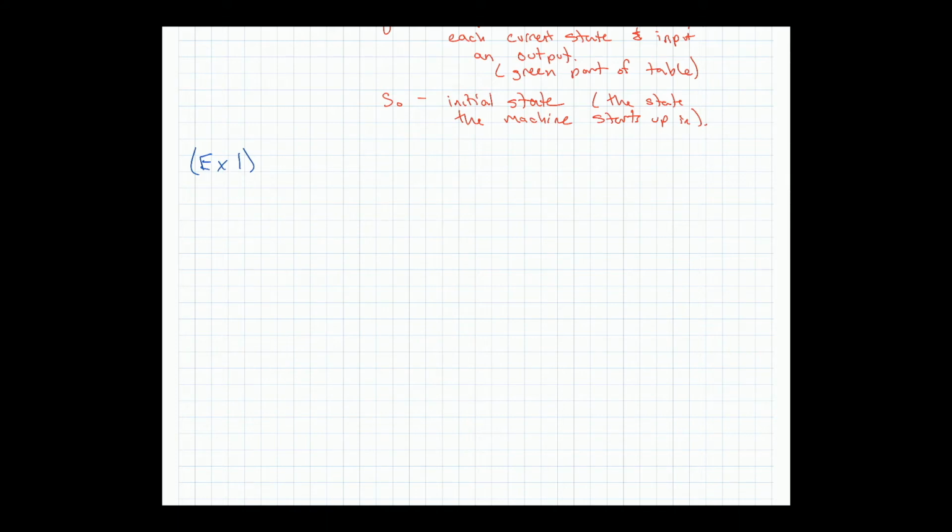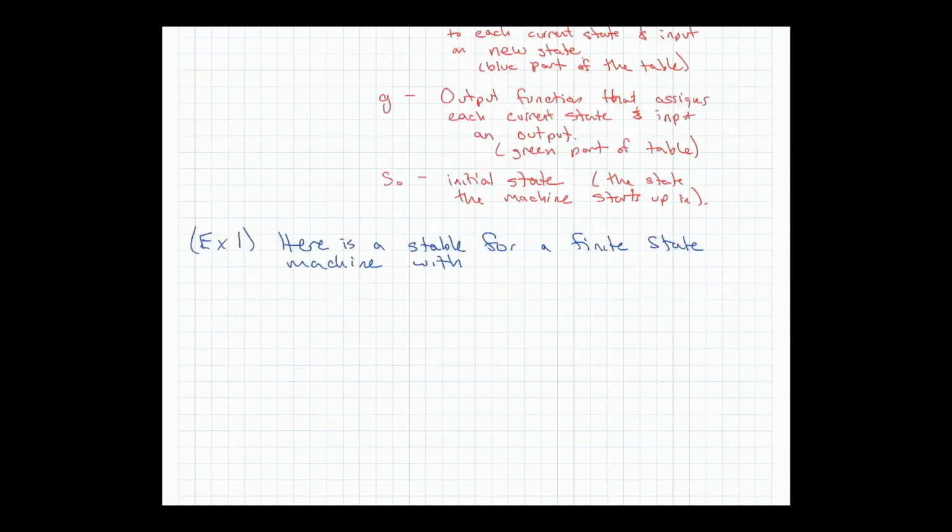So here is what they call a state table for a finite state machine. And before I give you the table, I'm going to tell you all of this stuff for it.